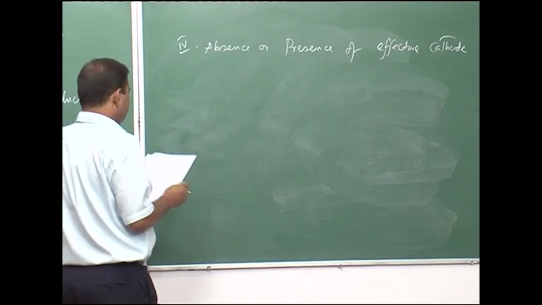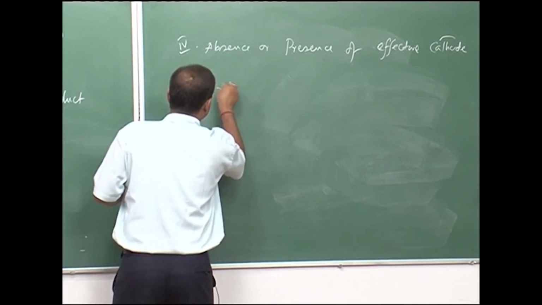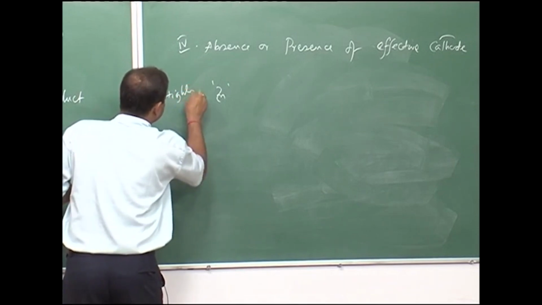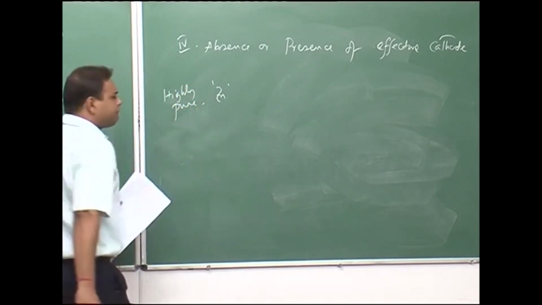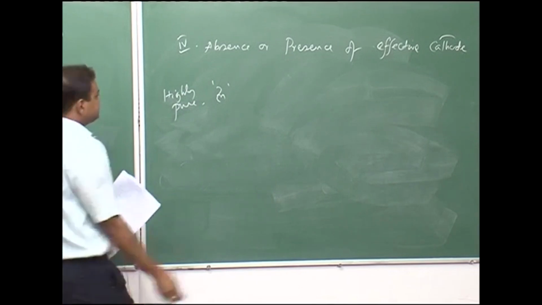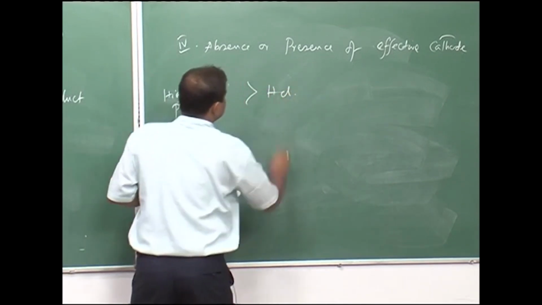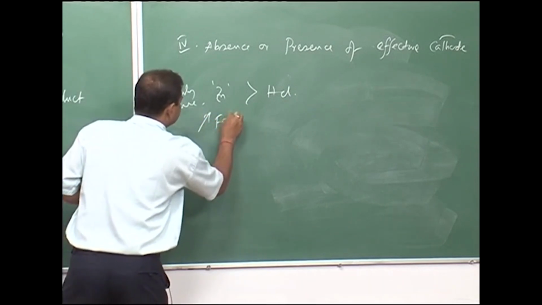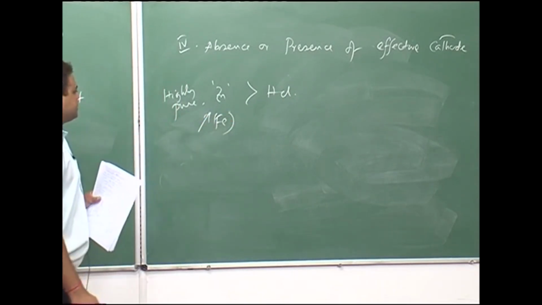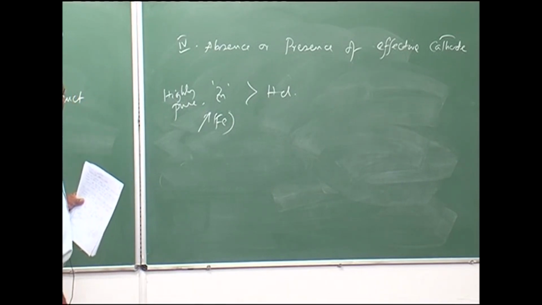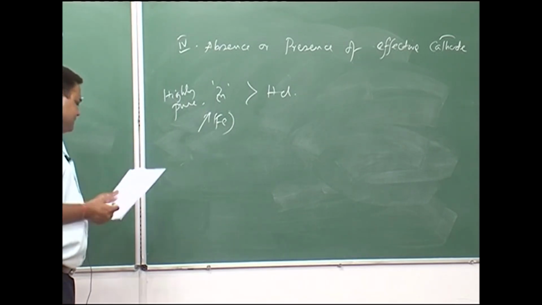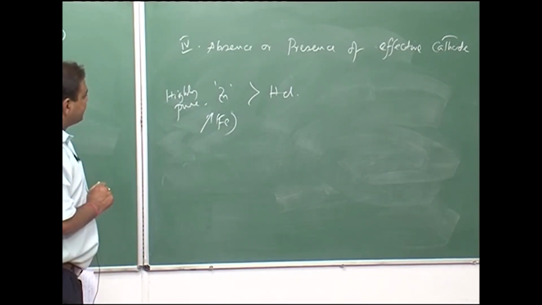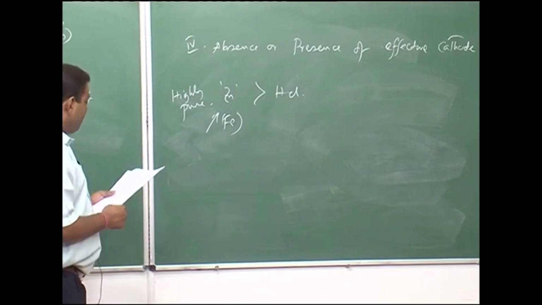For example, high purity zinc will have very good resistance in HCl solution. But once we have iron impurity, that iron acts as cathodic sites, and this will act as a galvanic couple, and there would be a current flow.